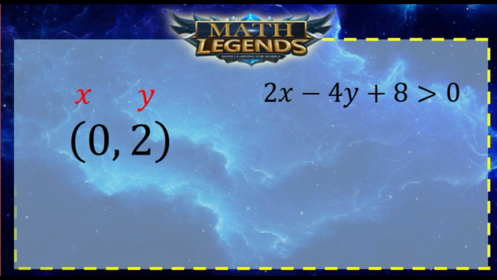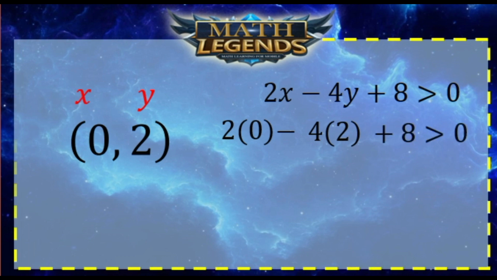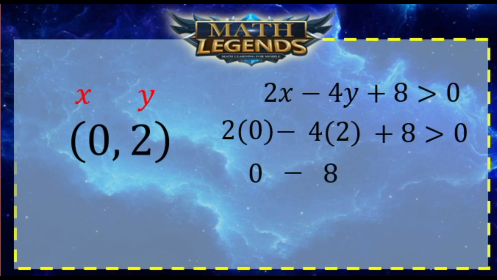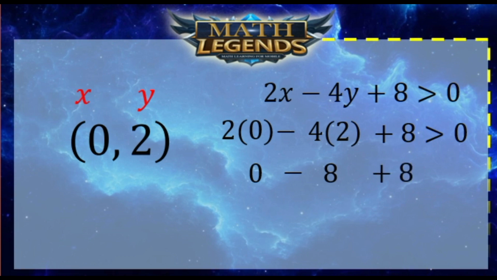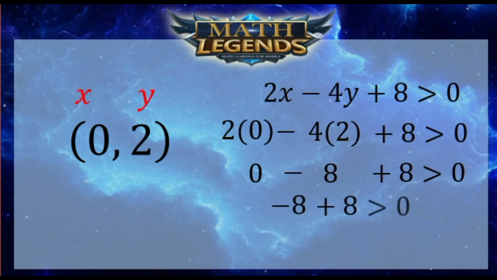So we have 2x becomes 2 times 0, minus 4y becomes 4 times 2, plus 8, greater than 0. Let us simplify. 2 times 0 is 0, minus 4 times 2 is 8, plus 8, greater than 0. So 0 minus 8 is negative 8, plus 8, greater than 0.